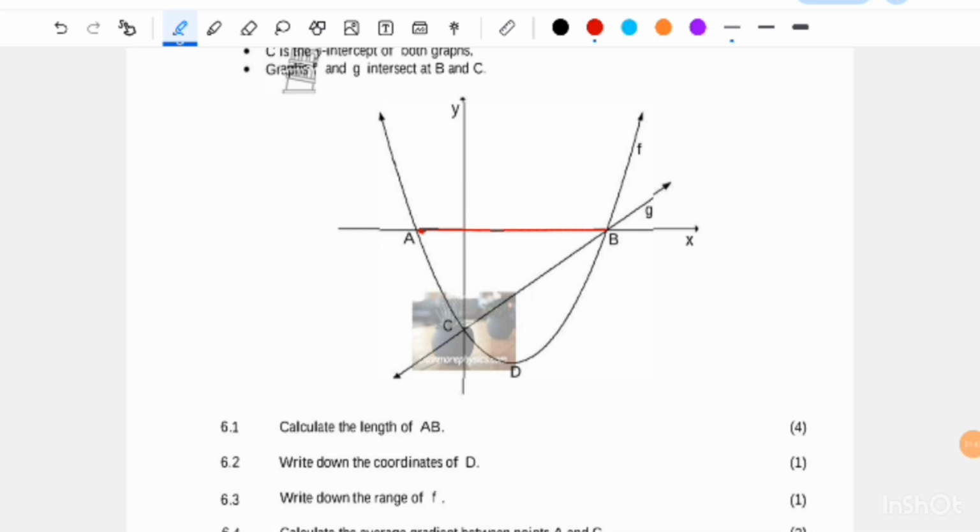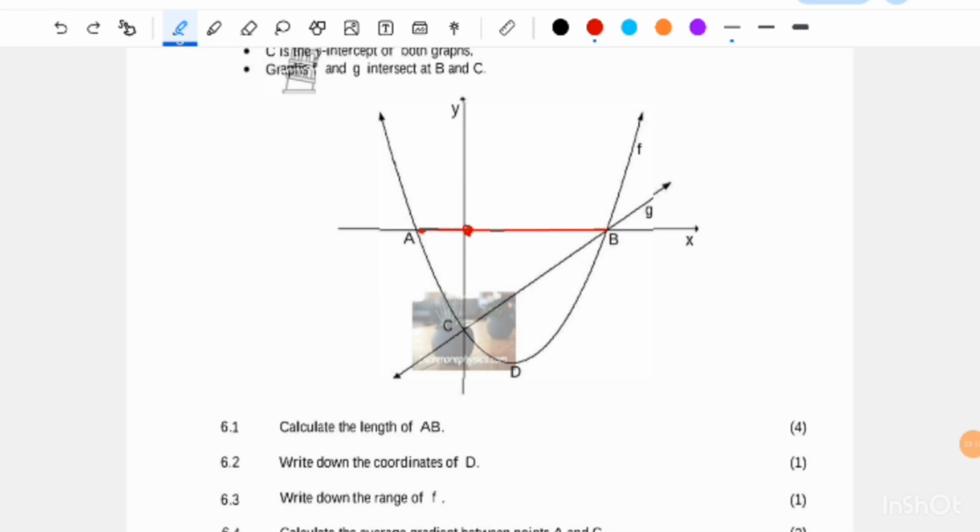What does it mean? It means we can get the coordinates of A and B, because from here to here we need to know that value, and from here to here we need to know that value. Then we can add them up to find the length of AB.